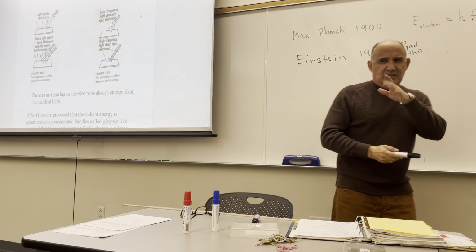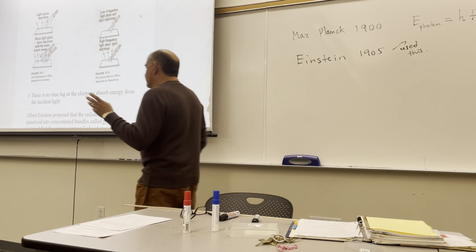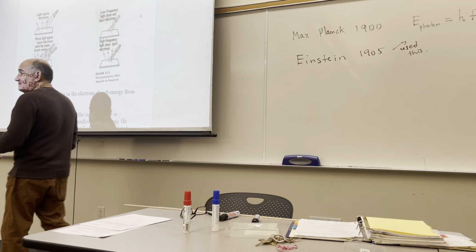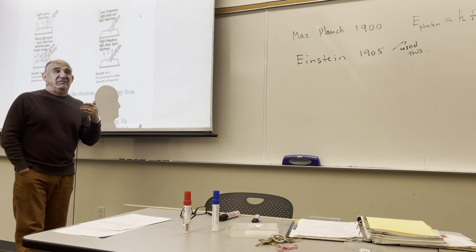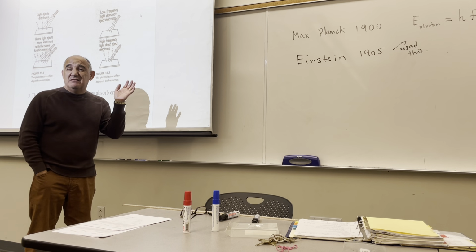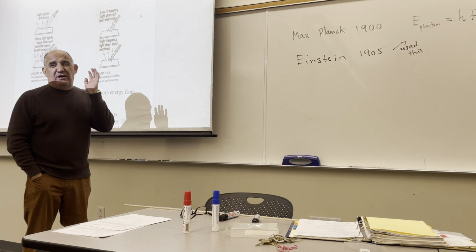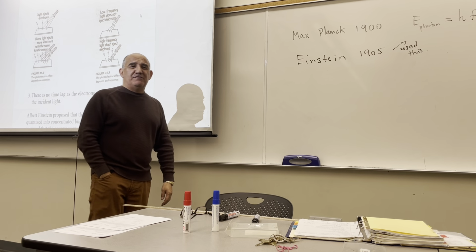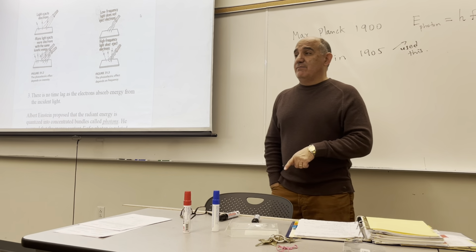There was a little issue here because of Isaac Newton. Newton died when? 1727, thereabouts, more than 150 years before Einstein. Isaac Newton actually did a lot of work in optics.